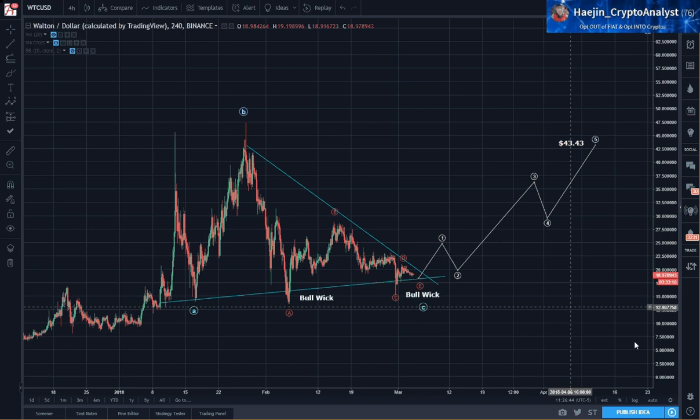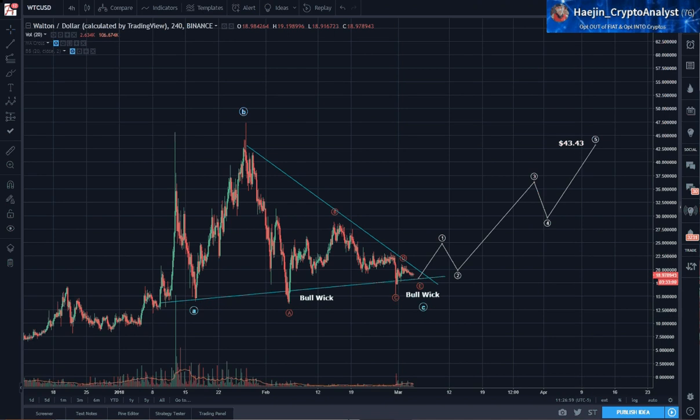Those are the two stages every pattern needs to receive. If you look at the volume, a decline of the volume to a trickle has been seen. It just started to pick up a little bit, and with the breakout, it should pick up more. So volume confirmation would also be required.